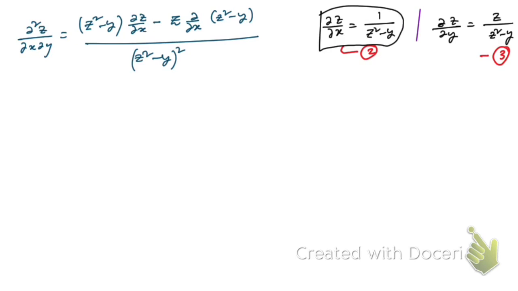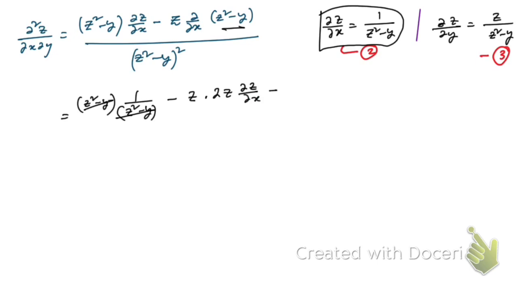Then you have z square minus y into 1 by z square minus y, so this gets cancelled, minus z into, if you differentiate this, 2 into z, then again differentiating with respect to x, del z by del x.